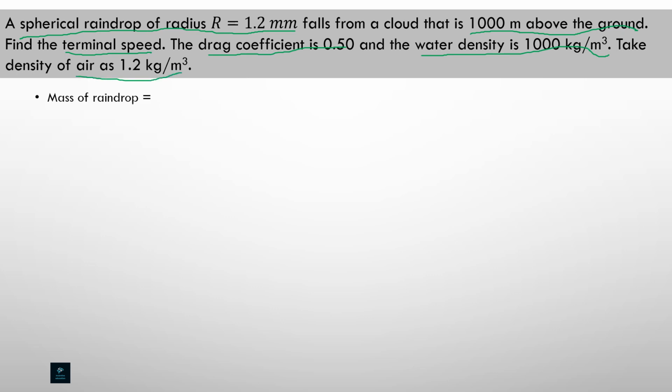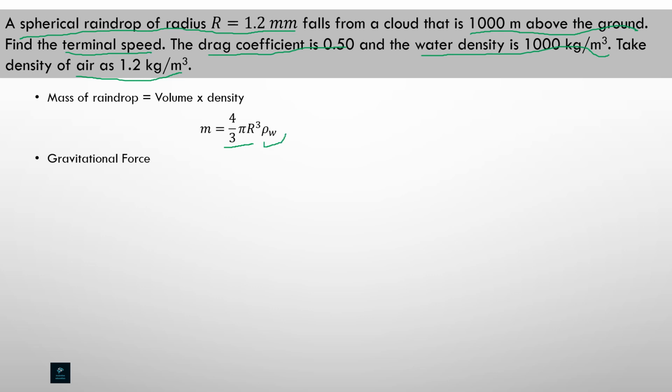So first we will find the mass of the raindrop, which is equal to volume times density. The volume of the raindrop is the volume of a sphere, which is equal to 4 by 3 pi r cube. Therefore the mass of the raindrop is 4 by 3 pi r cube times the density of water, that is rho_w.